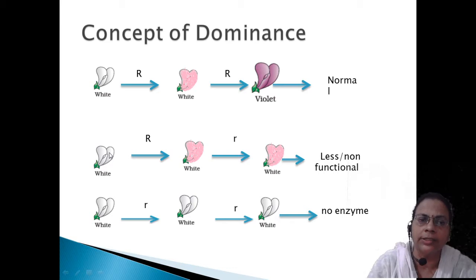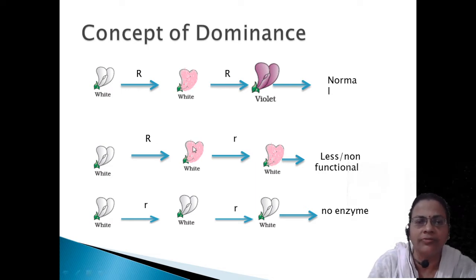As a result there can be production of the colored pigment, but that color needs more amount of the enzyme. So if there is a deficiency of the enzyme which can convert the white into pink and red, and that enzyme amount is less, sometimes it may remain pink itself because it was not getting the right amount of enzyme.